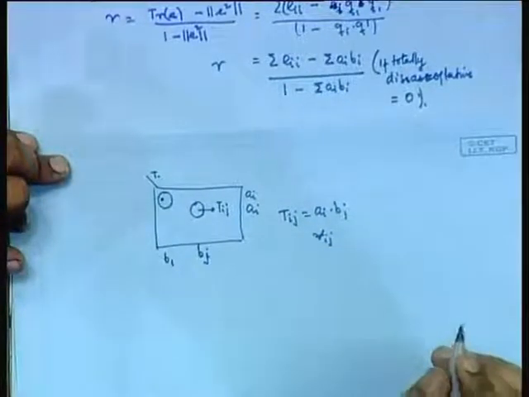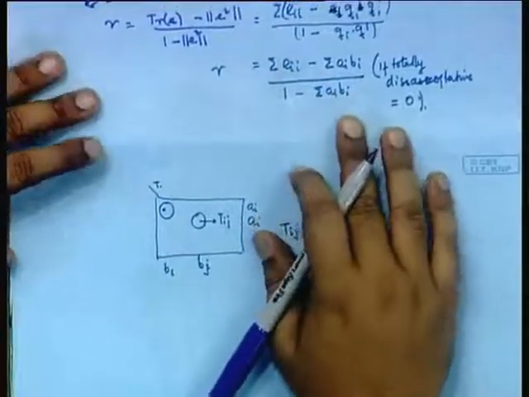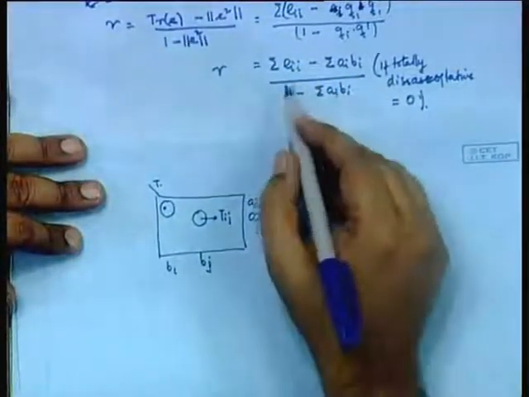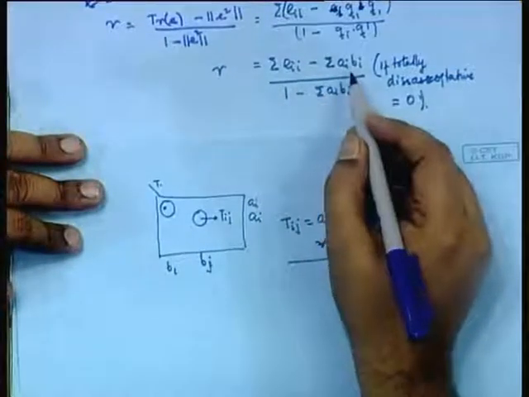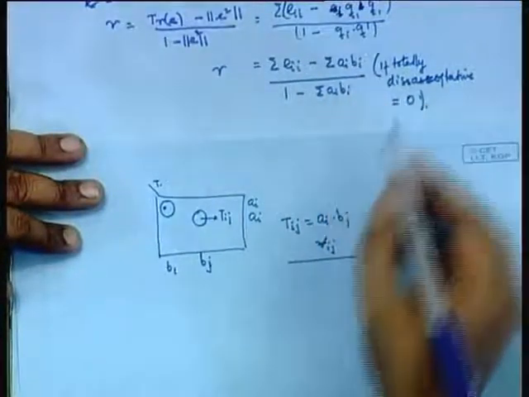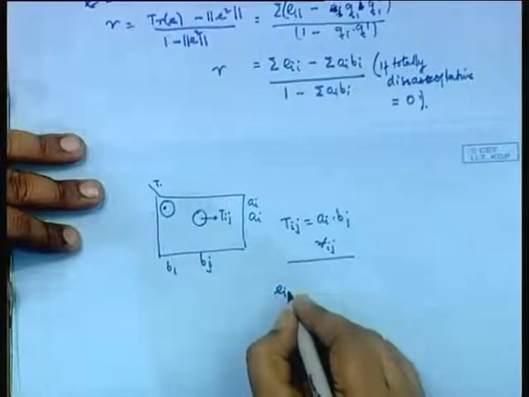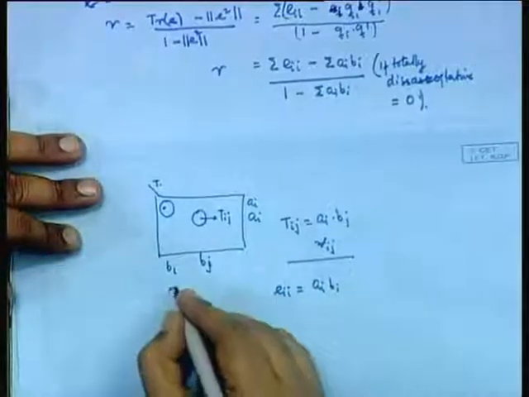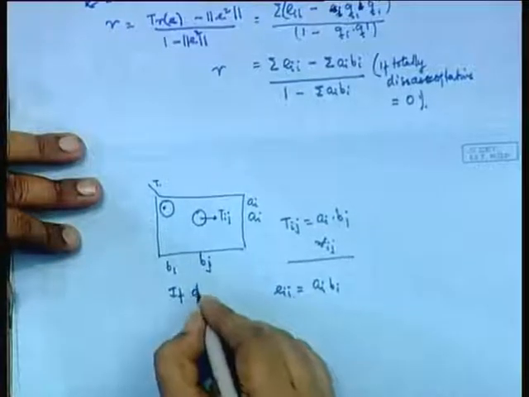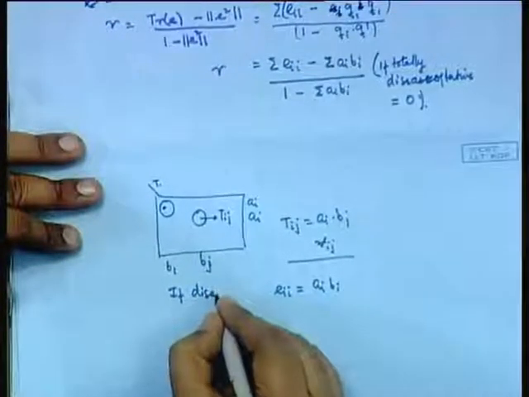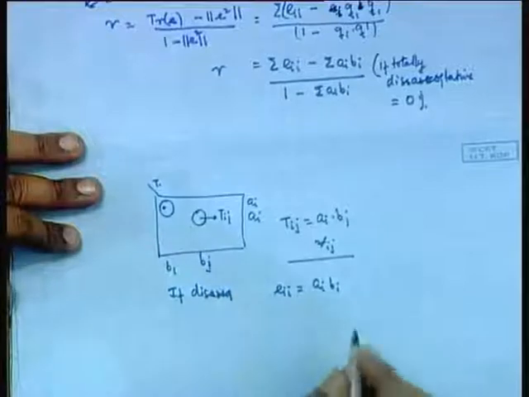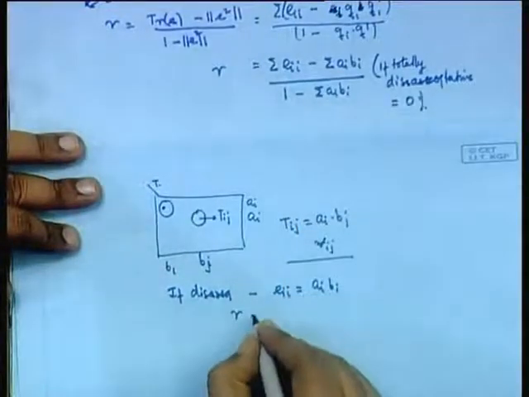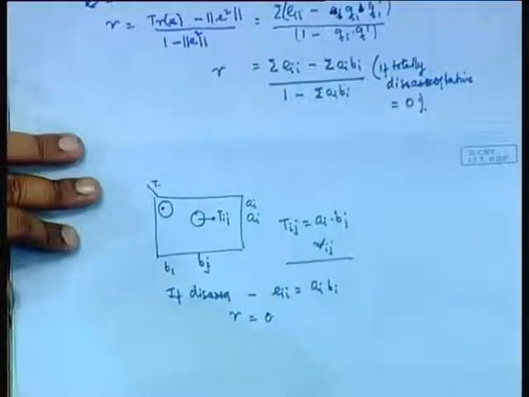Clear? Now go back to this formula. If it is totally disassociative, then E_ii becomes equal to a_i b_i, so r becomes 0.